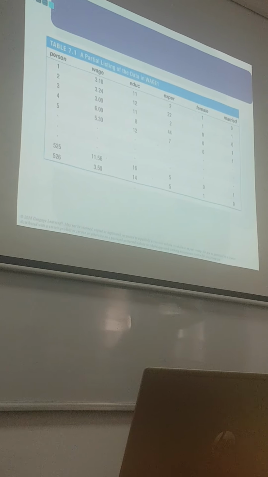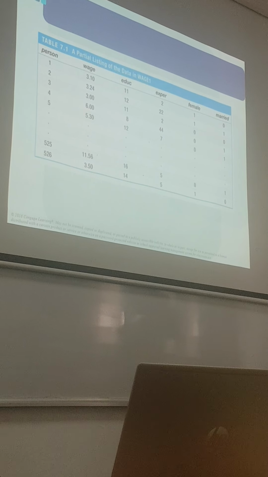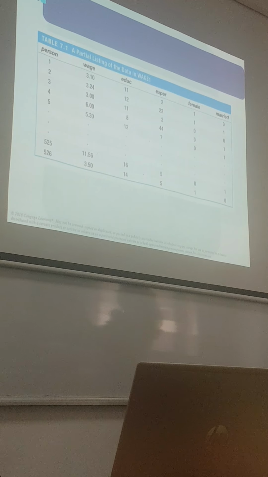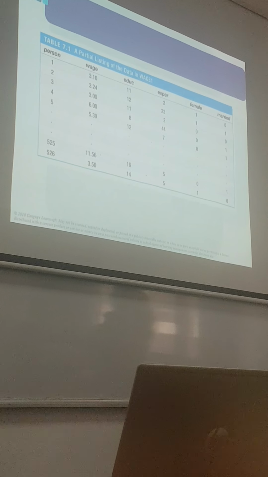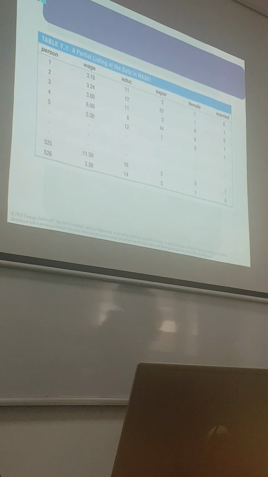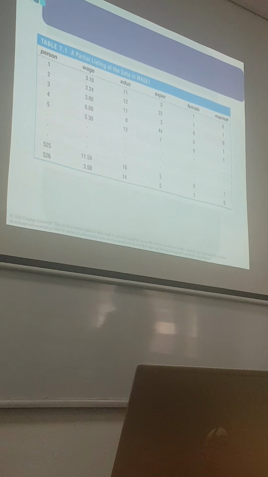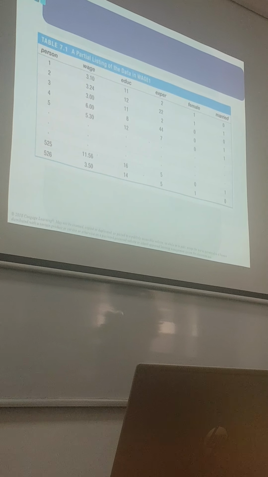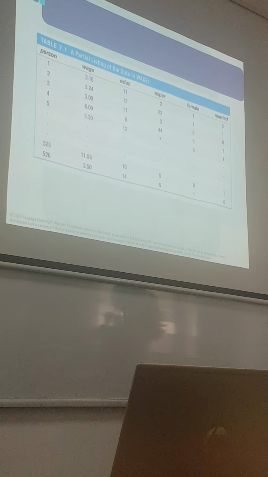Similarly here, I can put a married variable, to see their marital status. The married variable is also a dummy variable, showing people's marital status. So 1 here is a married person, and then 0 here is unmarried.